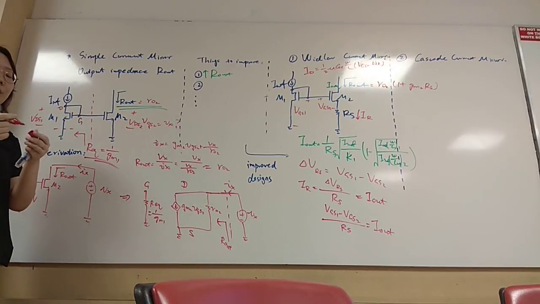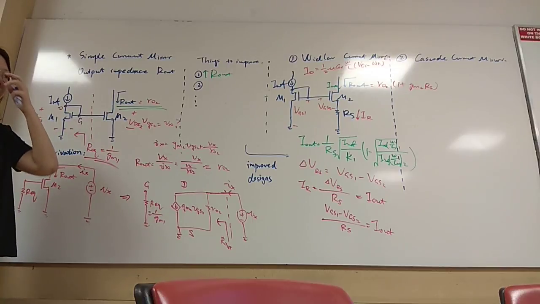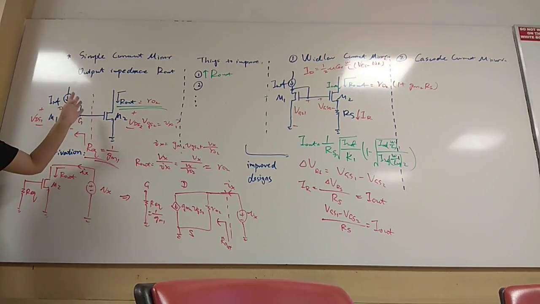And external circuit sometimes is not designed by the same person, okay? So your VDS2 is not the same as your VDS1. So this is called mismatching. Because these two transistors, their terminal voltages, are not exactly the same. So this is mismatch. Okay?